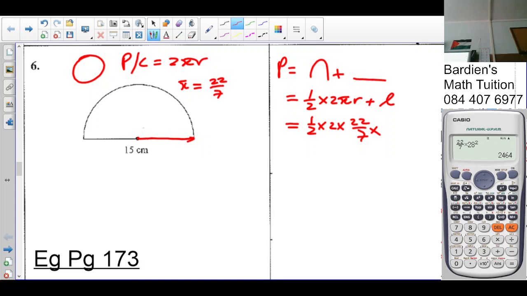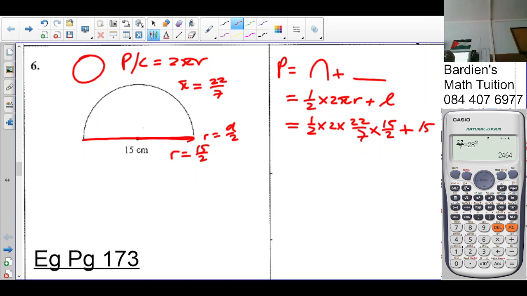7.5. Why? Because this whole length is your diameter, not so? So if the whole length is the diameter, then your radius is going to be 15 over 2. Remember, your radius is diameter over 2. So it's going to be 15 over 2 plus, and what is the length of this line here? 15.